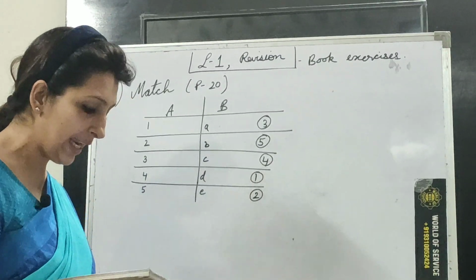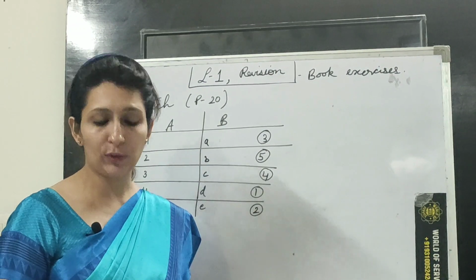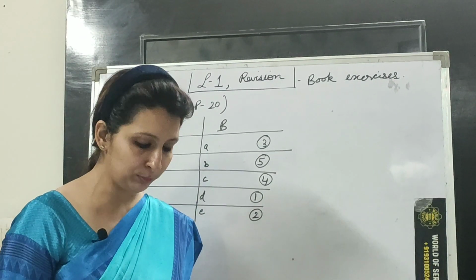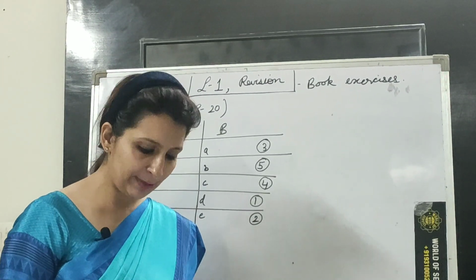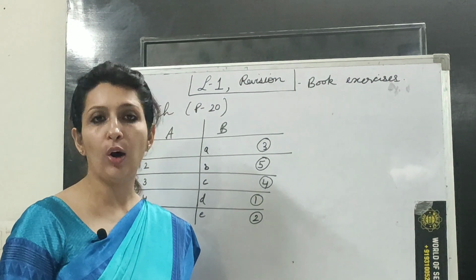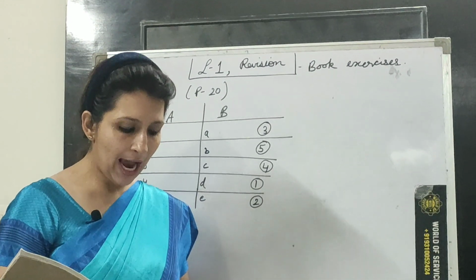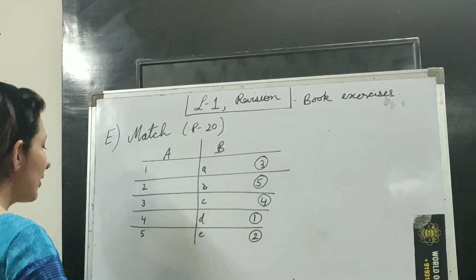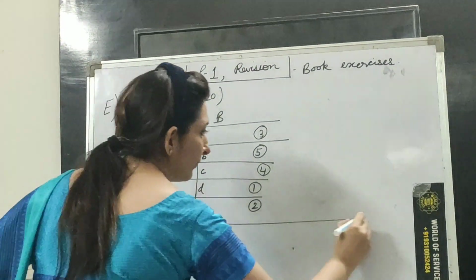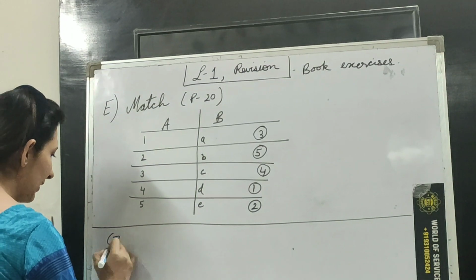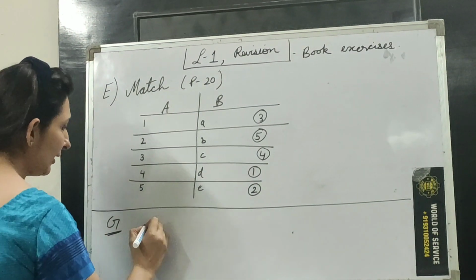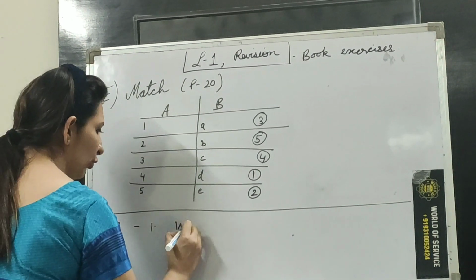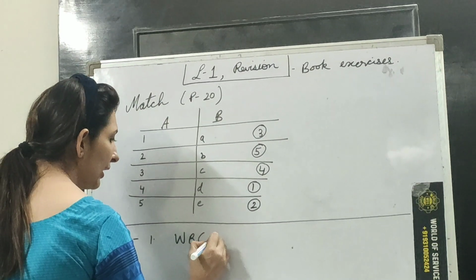Now, children, let's come to the G part. F part, circulatory system, we will discuss in the copy. G part. Compare and circle the odd one out. Artery, WBC, vein and capillary. The first one, WBC, is the correct answer.